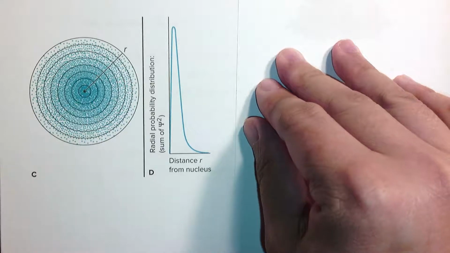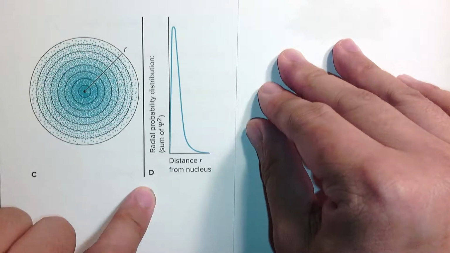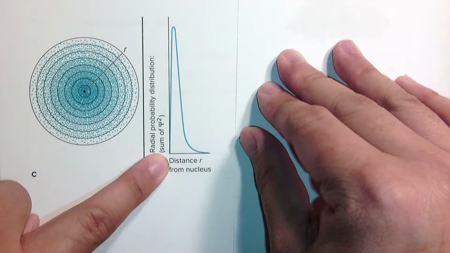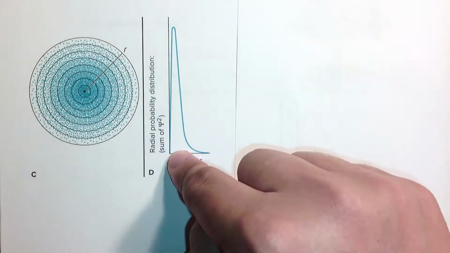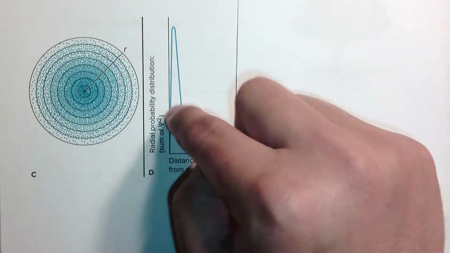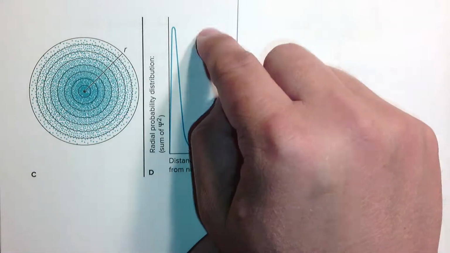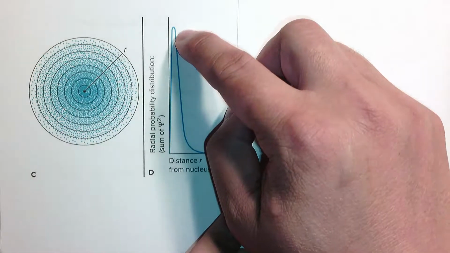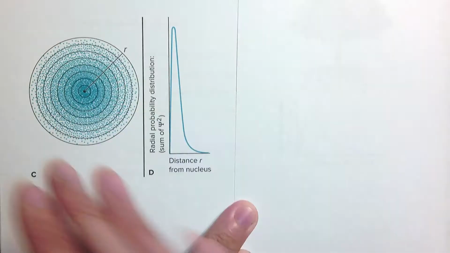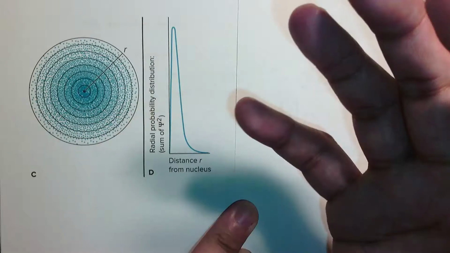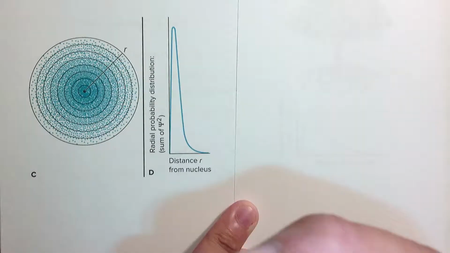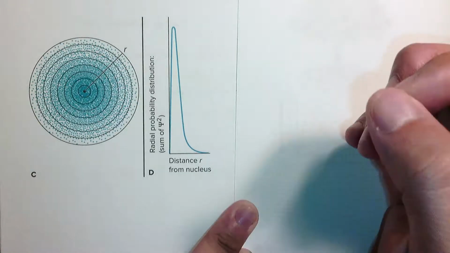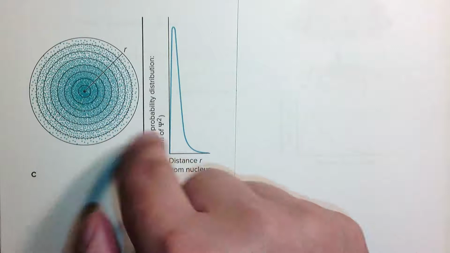Now, if we do this graphically in 2 dimensions, you notice that you can never really have an electron right at the nucleus where the distance is 0. That's why it precipitously drops. But at some maximum distance from the nucleus, you will have a high chance of finding an electron. Again, imagine this not as a circle, but as a sphere, with the electron most likely being found closest to the nucleus, but not at the nucleus.